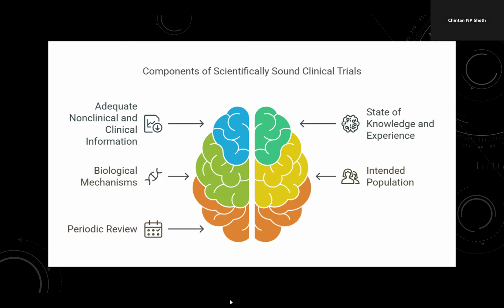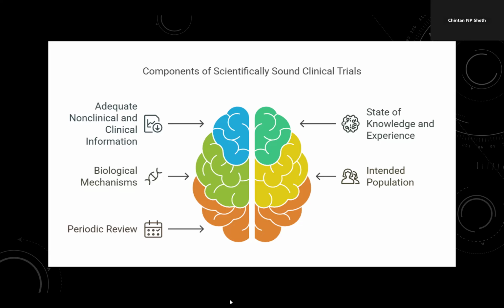Clinical trials should reflect the state of knowledge and experience with investigational medical products, including, if applicable, the condition to be treated, diagnosed, or prevented, the current understanding of the underlying biological mechanism of both the condition and investigational product, and the population for which the investigational product is intended.